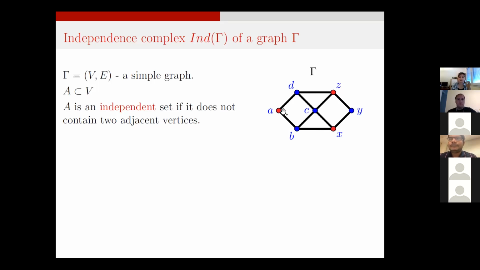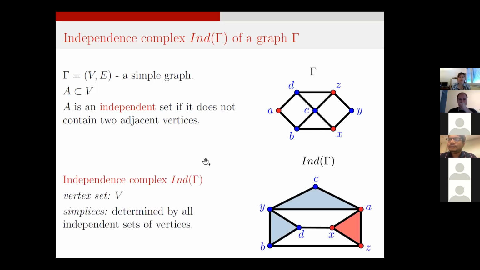And these independent sets are going to define the complex. So again, I have a definition: the independence complex of a graph. Now the vertex set is just the vertex set of the graph. I rearranged the vertices again for the same reason as before. And when do we put a simplex? Whenever we have an independent set of vertices. So A, Z, X gives us this one, and so on.